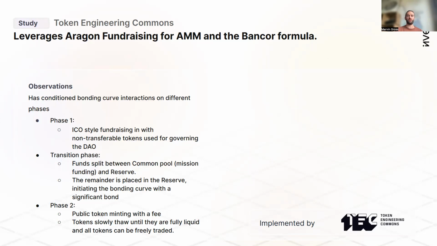And then in the final phase, minting tokens incurred a fee, and tokens slowly fall until they are fully liquid. Imposing a sell tax provides, of course, a revenue stream for the system as a whole.